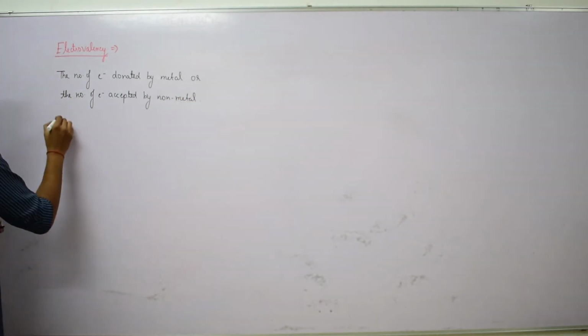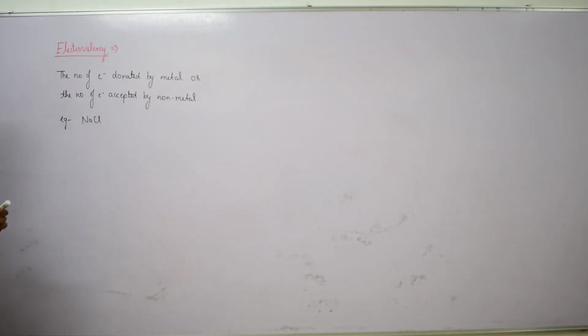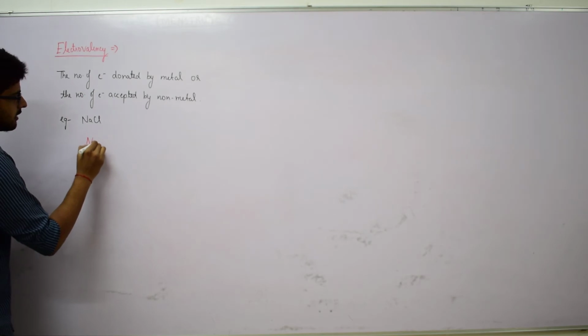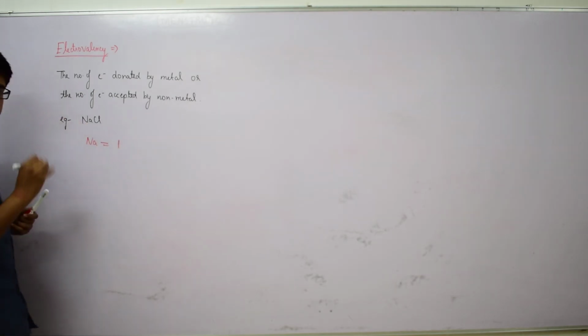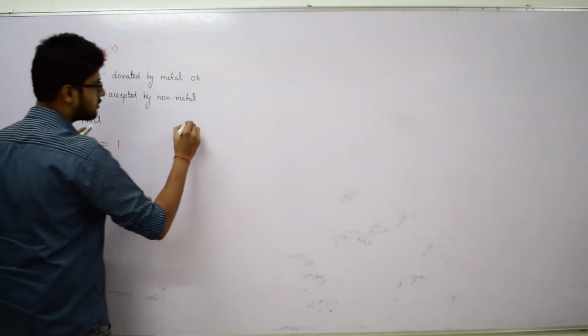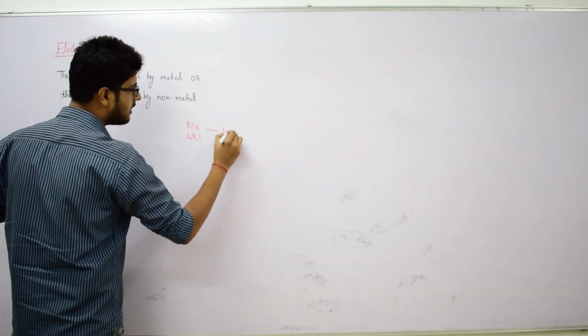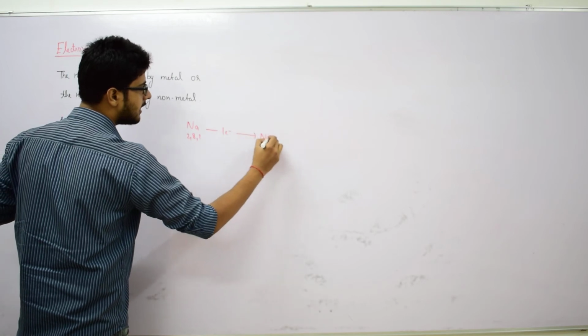For example, in the case of NaCl, the electrovalency of sodium is 1 because sodium is donating 1 electron. The configuration of sodium is 2, 8, 1, and it donates 1 electron to be converted into the Na plus ion.